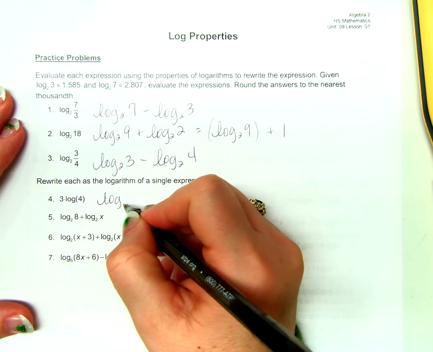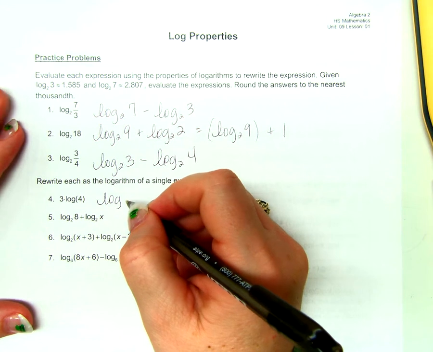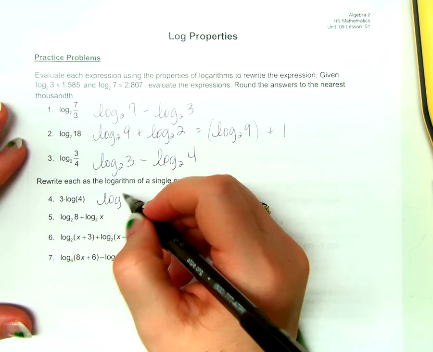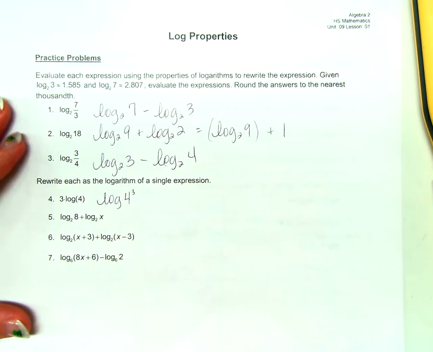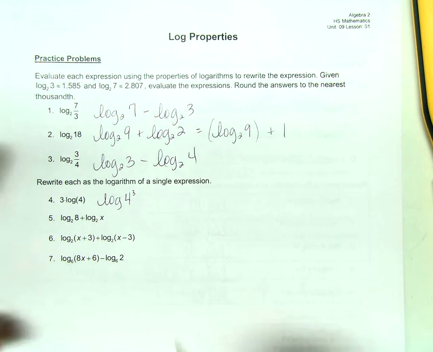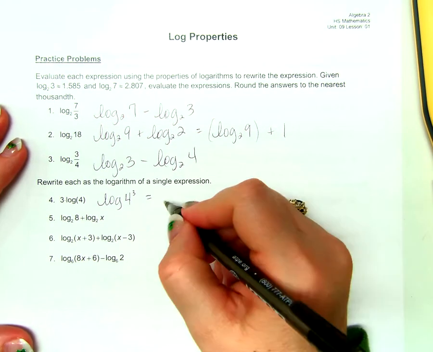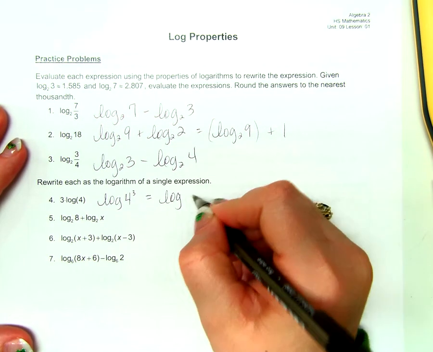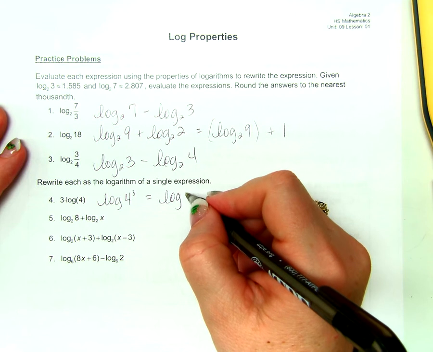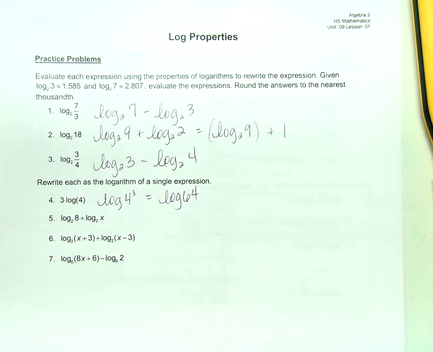Log base 4 of 3? Is that what you said? Oh, 4 cubed like this? Do we know 4 cubed? Try one more time. Oh, yeah, no, I'm sorry. That was right. That was right. 64. I was thinking 3 to the 4th. That was my fault.